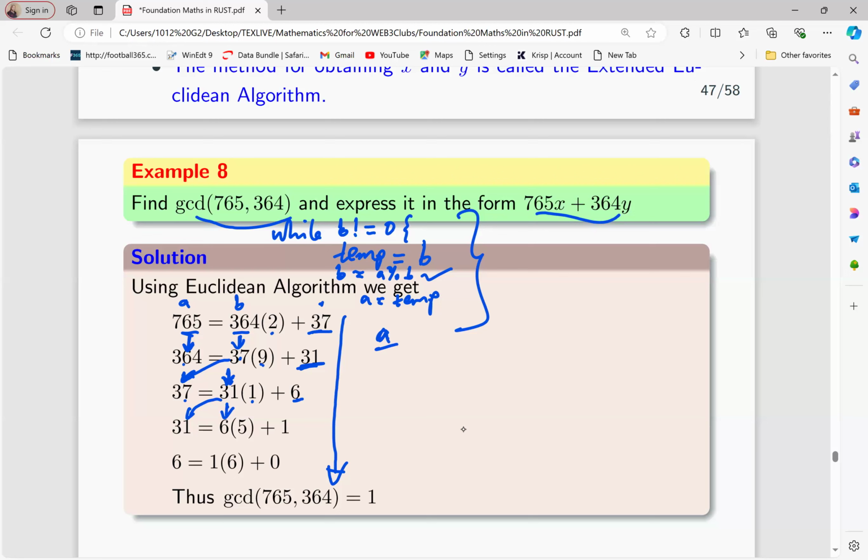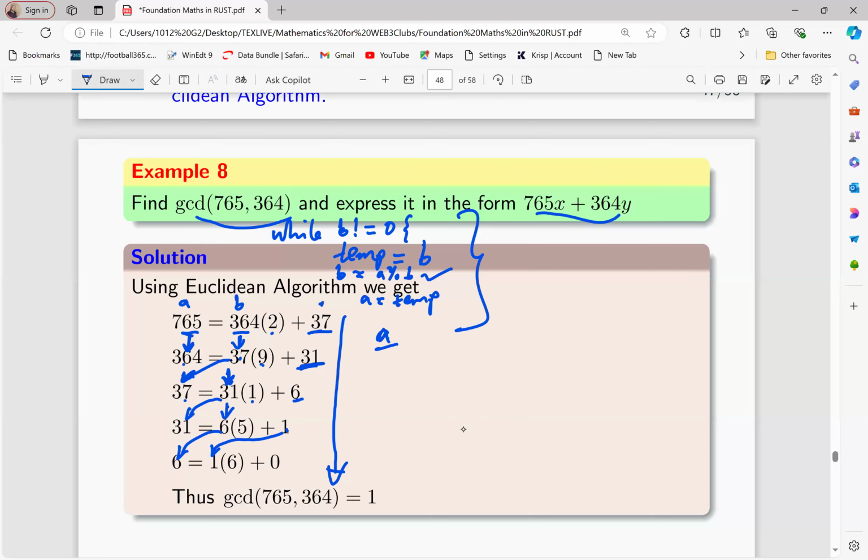So look, this is our B, and this becomes our A. The remainder is 1. Now this becomes our B, and this becomes our A. The remainder is 0.